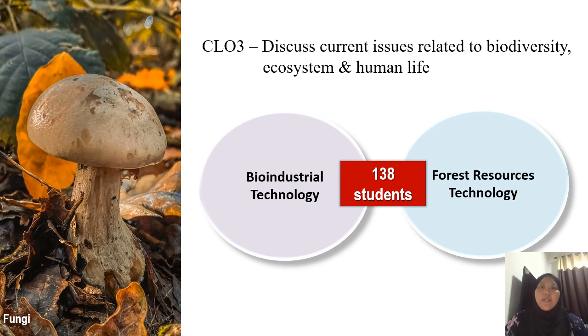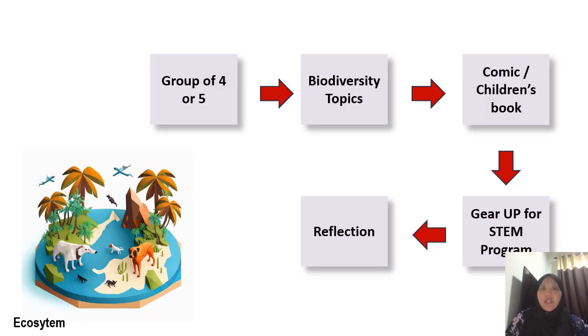This is what I did through CO3, which is to discuss current issues related to biodiversity, ecosystem, and human life. It involved 138 students from two courses, Bioindustrial Technology and Forest Resources Technology. They worked in groups of 4 or 5, as I mentioned earlier.